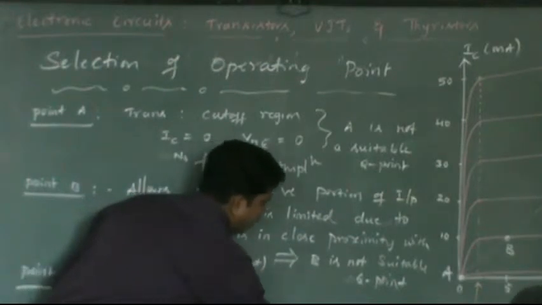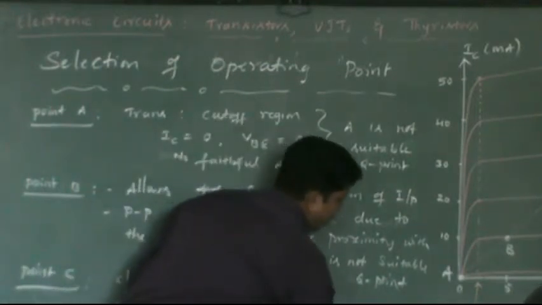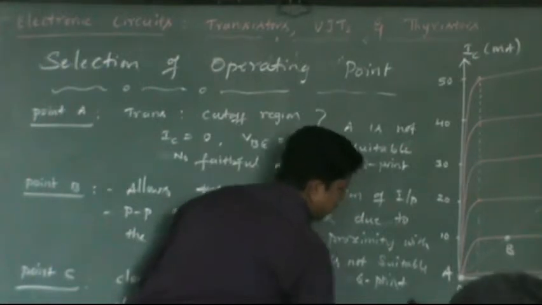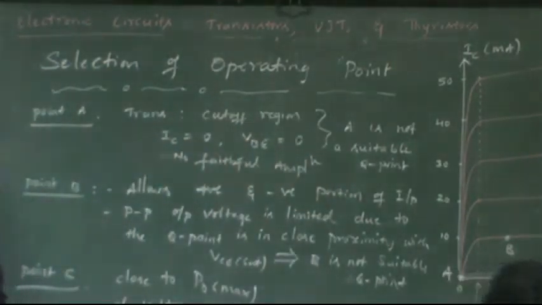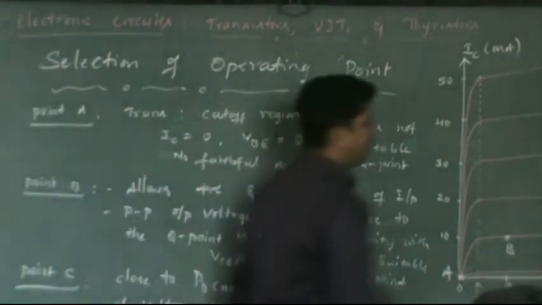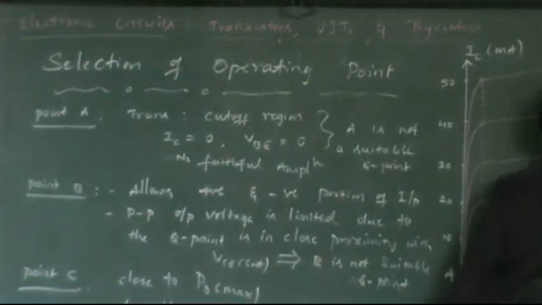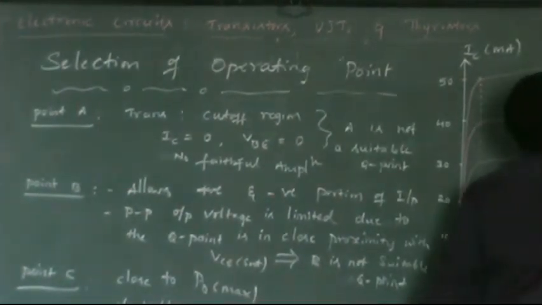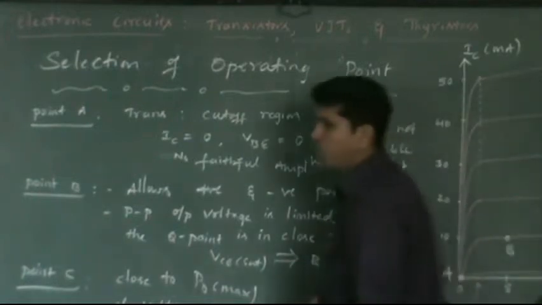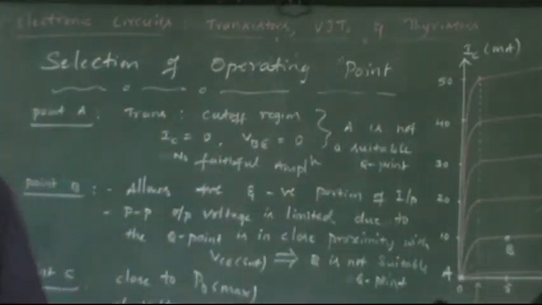In brackets you can write positive swing. The meaning of swing is peak to peak voltage. For example, if the peak to peak is going to be 10 volts, instead of saying peak to peak voltage is 10 volts, we can also say swing is 10 volts. Same thing I am saying here also.